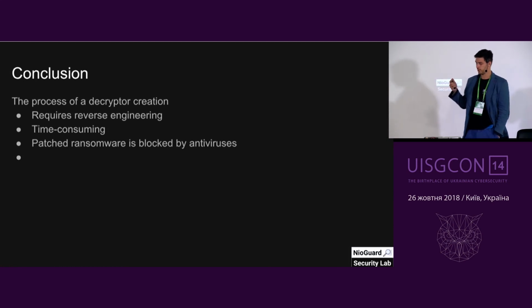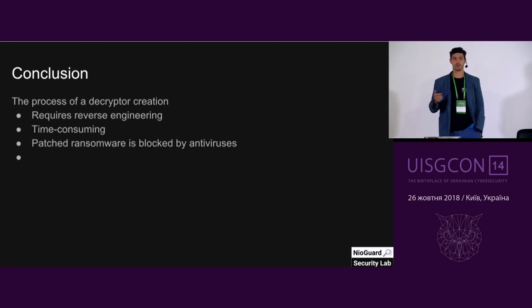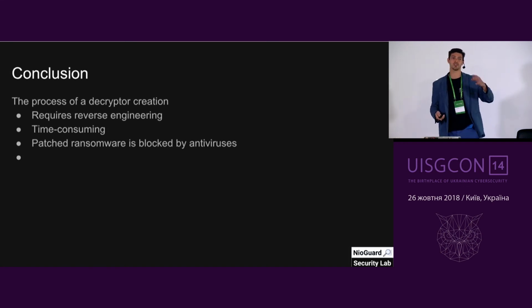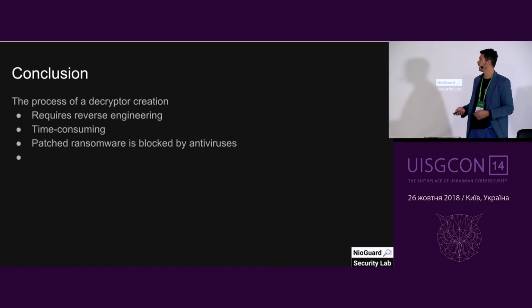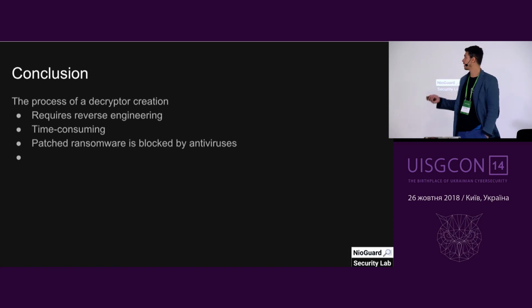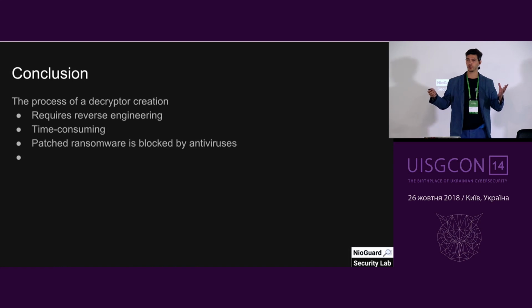It requires reverse engineering skills, and it is time-consuming, especially when it comes to analysis of hard-coded or custom ciphers in ransomware. Also, when you create a fast solution, like patched ransomware, it is detected and blocked by antiviruses, and it cannot be distributed to users because users will scan it.